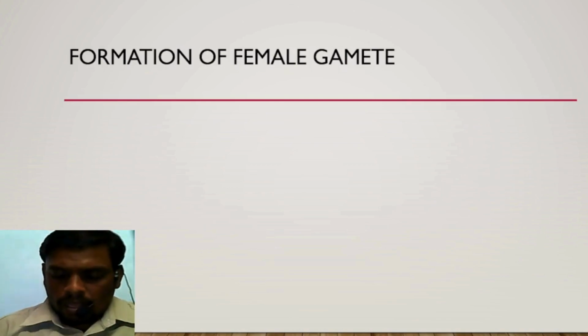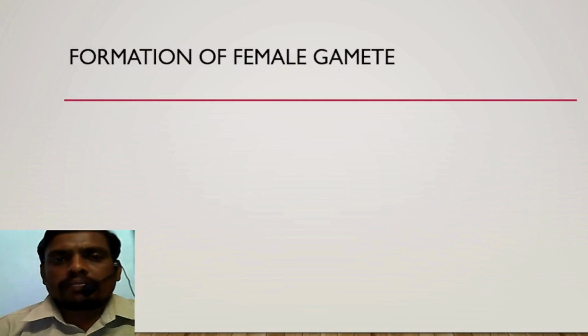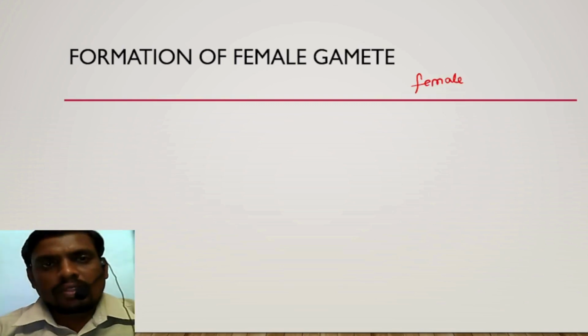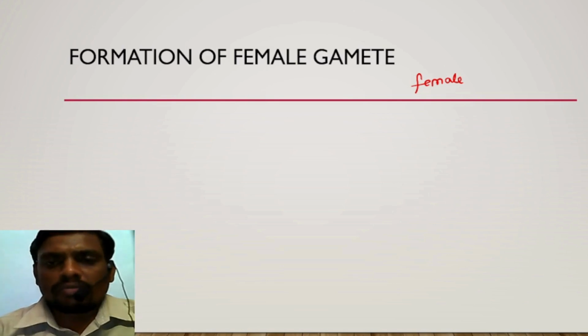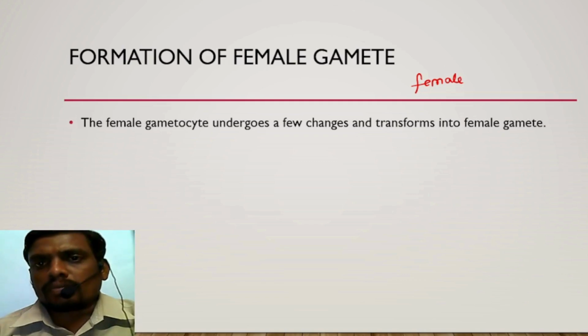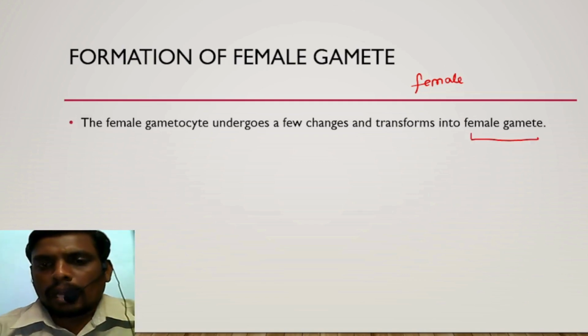After formation of male gamete, female gamete formation occurs. Formation of female gamete is called female gametogony. The female gametocyte undergoes a few changes and transforms directly into a female gamete.